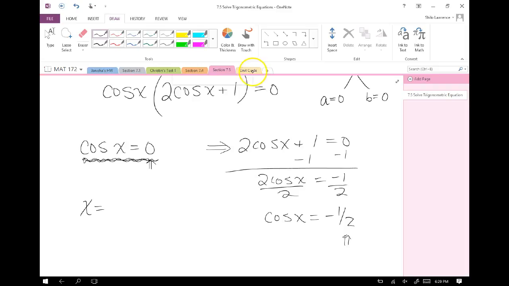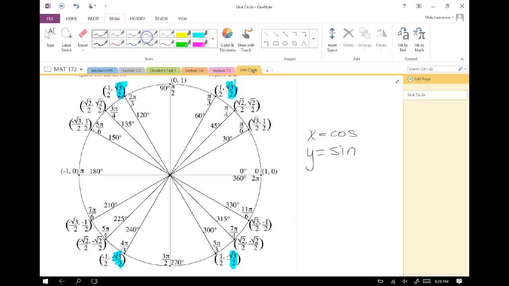So we're going to look at our unit circle. Remember, on the unit circle, the cosine values are the x values. So scan your x values. We're looking for x values of either 0 or negative 1/2.